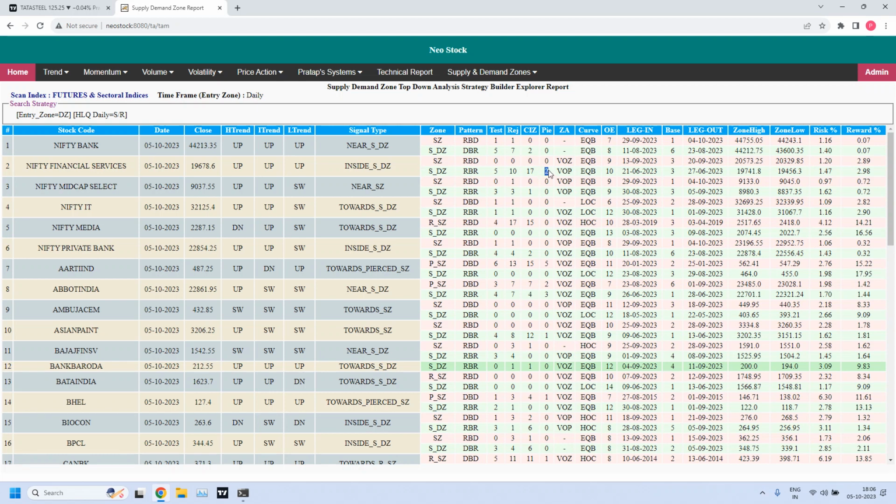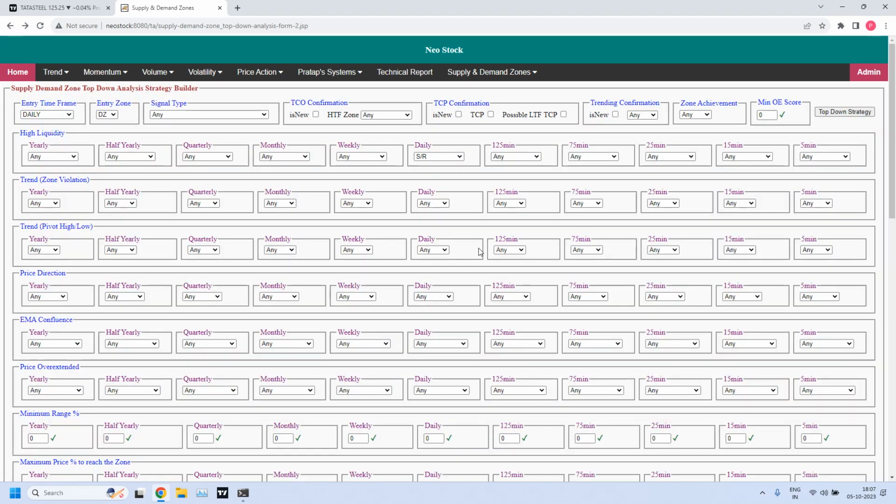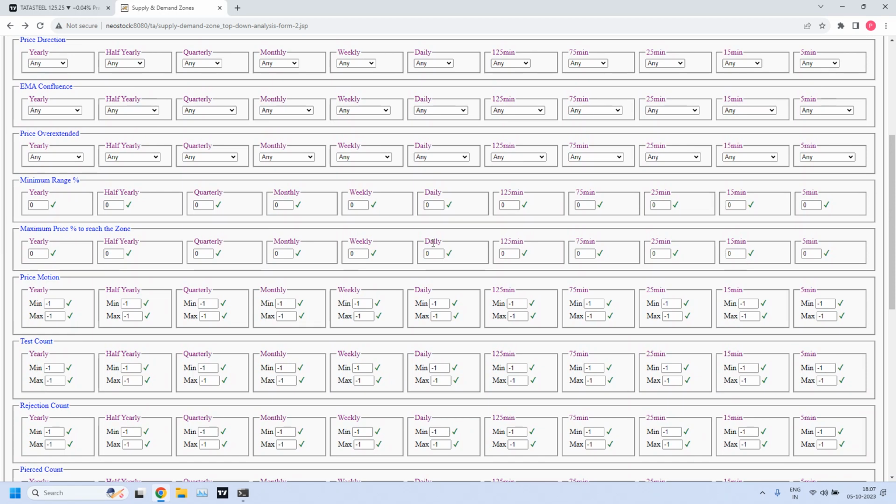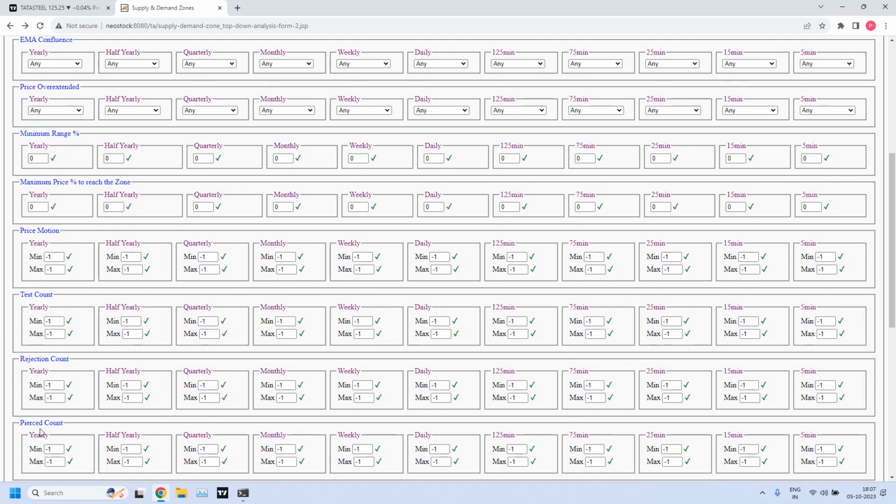Why unnecessarily are we showing this? Why can't we filter? For that, go back to the strategy builder. We have already selected high liquidity as support resistance in daily time frame. Now I'm going to the daily time frame. Look into this parameter, pierced count. I don't want pierced zones.